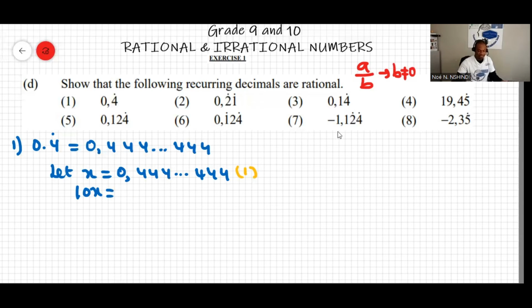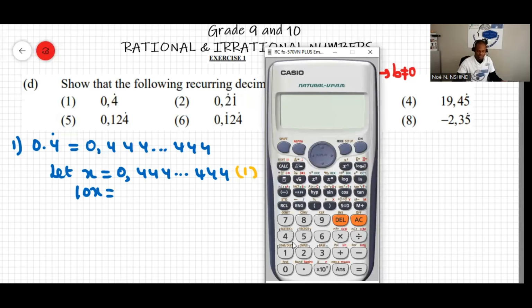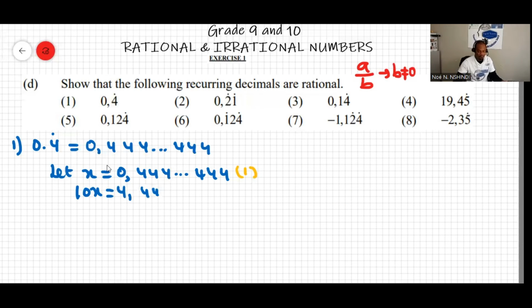See what will happen: if I take 0,44444 and multiply by 10, I will have 4 as an integer, and then 44444 in the decimal part. So this will be 4,444 dot dot dot 444, and I call this equation 2.